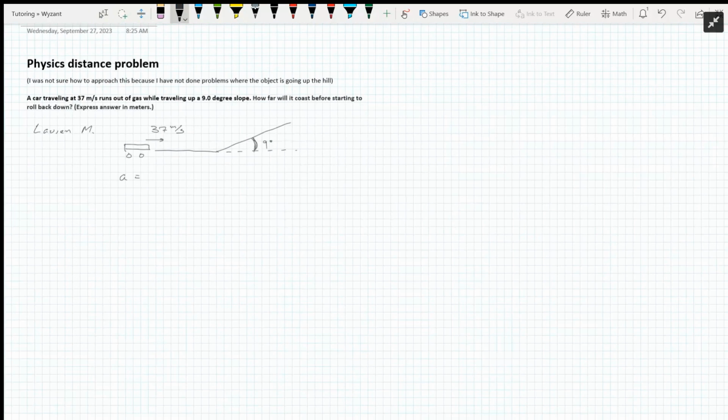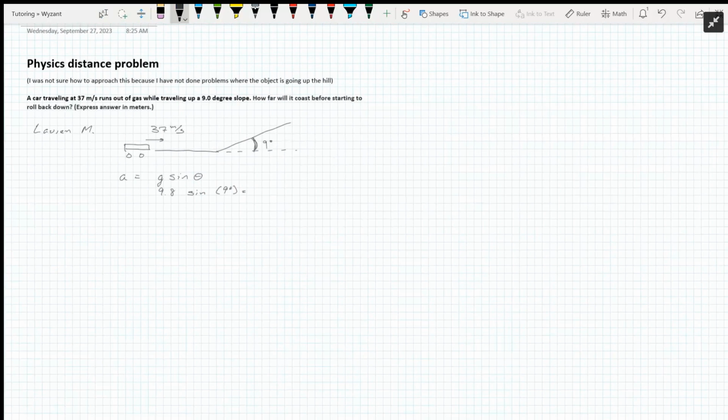inclined plane. Now, I hope your physics teacher has taught you that acceleration on an inclined plane is g sine theta. Okay, and g is 9.8 times the sine of 9 degrees. So for that, we're going to pull up our calculator. What we have there is 9.8 times the sine of 9 degrees.